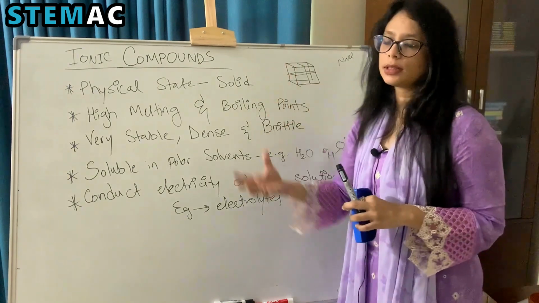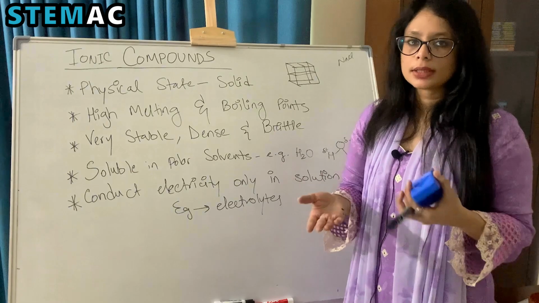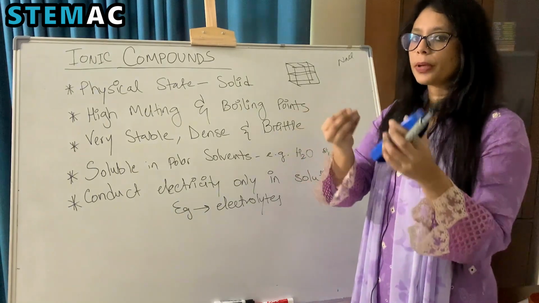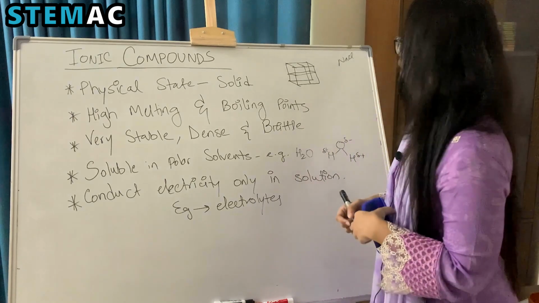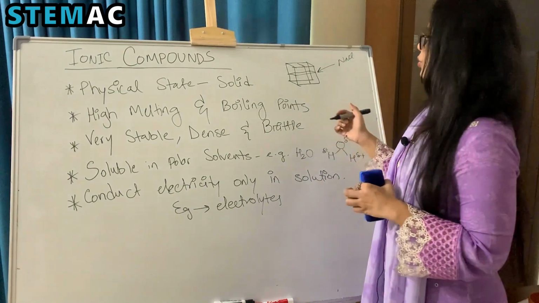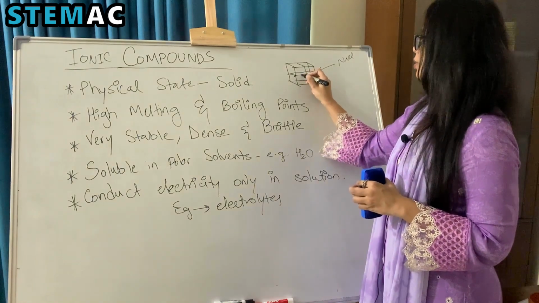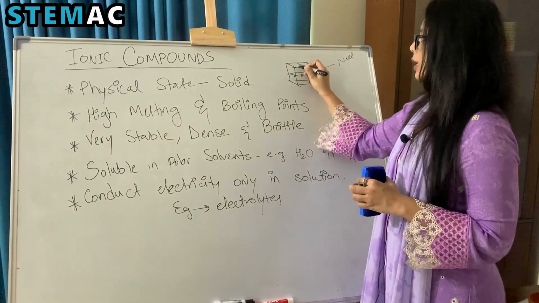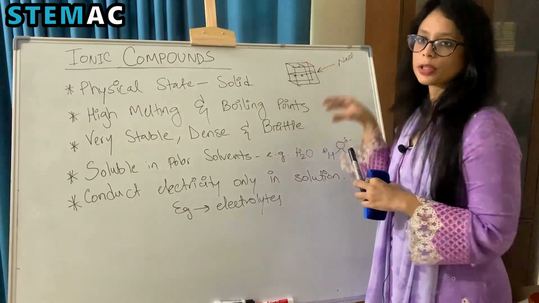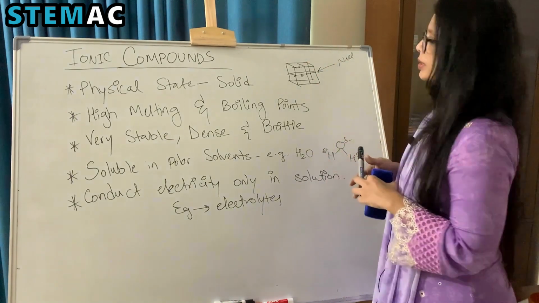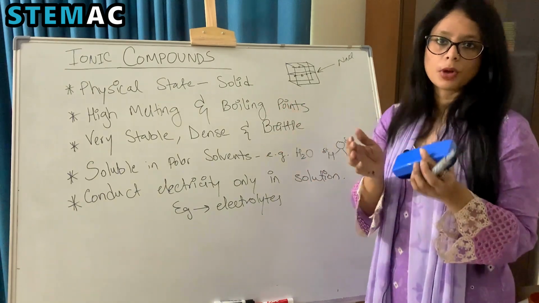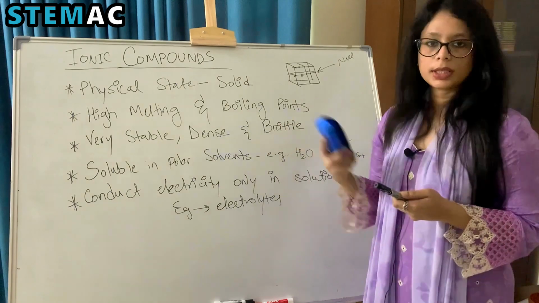When it says that they're a crystal in a lattice structure, that means that all of their atoms are present in their particular position in the crystal. So let us consider this is a small crystal of sodium chloride. In every single position, the atoms are present in their particular position. So there is a huge number of atoms in a small place, and that's why they are very dense.